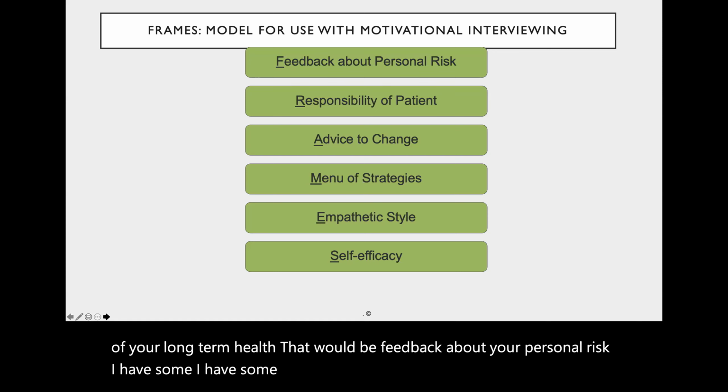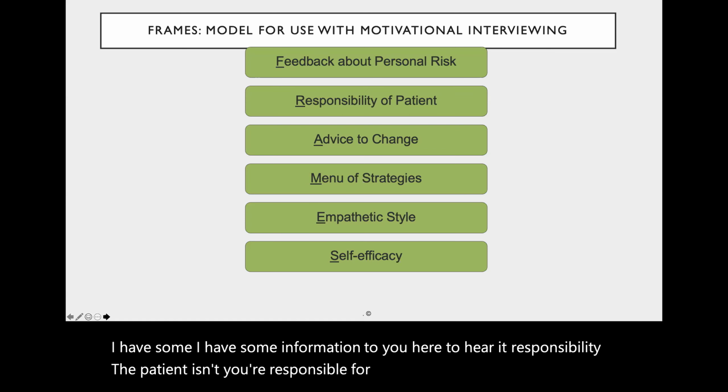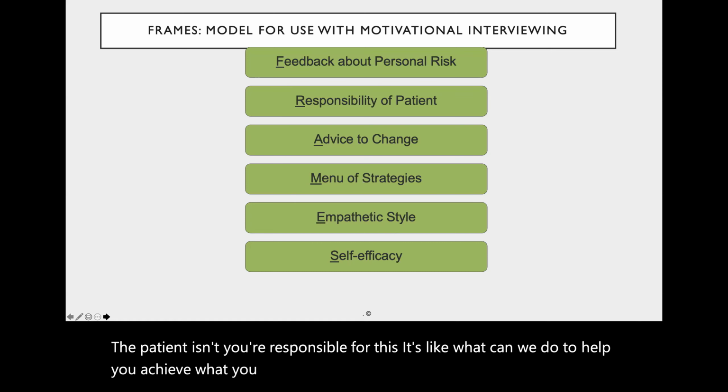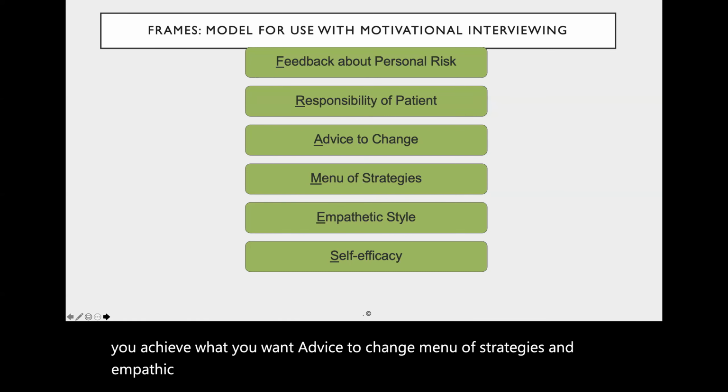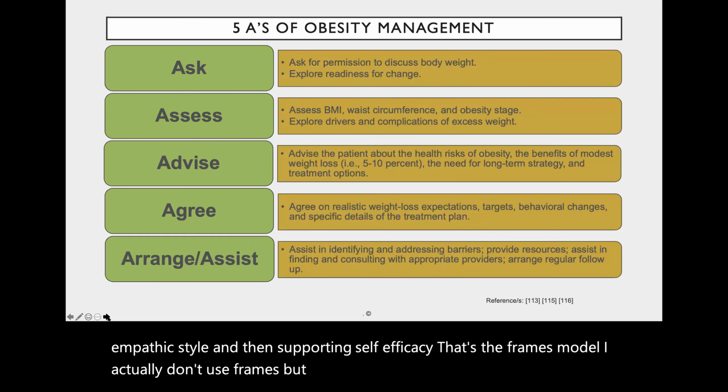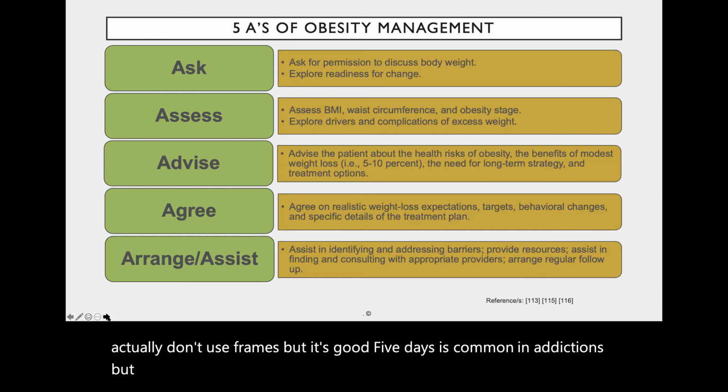Do you care to hear it? Responsibility of the patient isn't that you're responsible for this. It's like, what can we do to help you achieve what you want? Advice to change, menu of strategies, an empathic style, and then supporting self-efficacy. That's the FRAMES model. I actually don't use FRAMES, but it's good. The 5 A's is really common in addictions, but it works well in obesity as well.